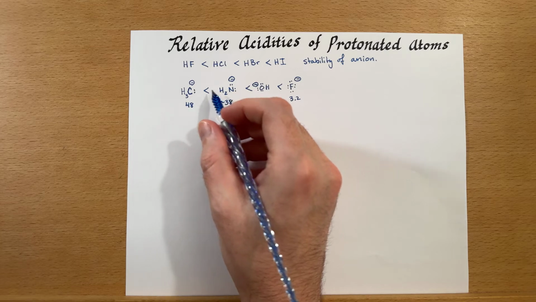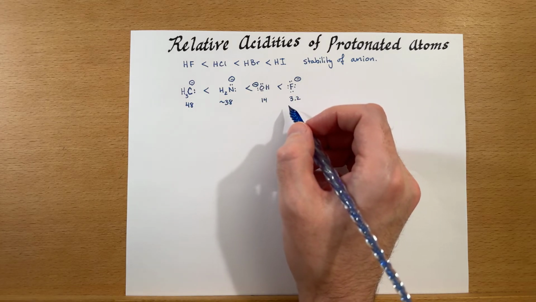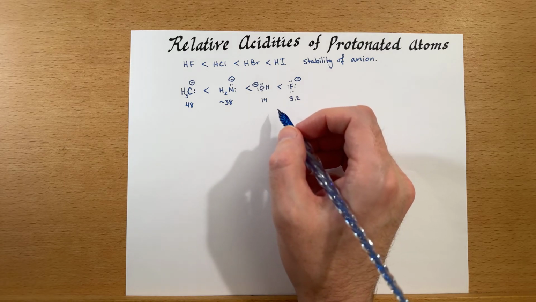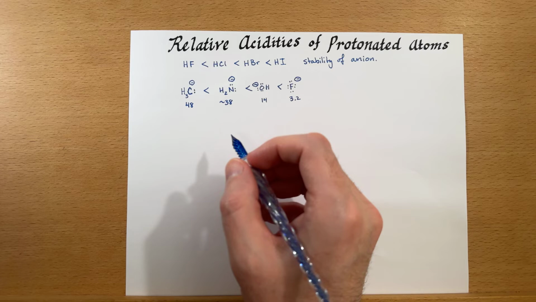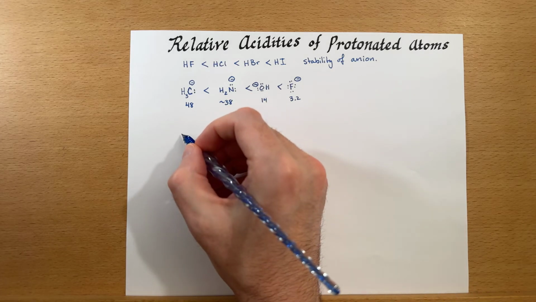Now, this is what we see for negative charges. What about if we have a positive charge? What if we evaluate from that direction?